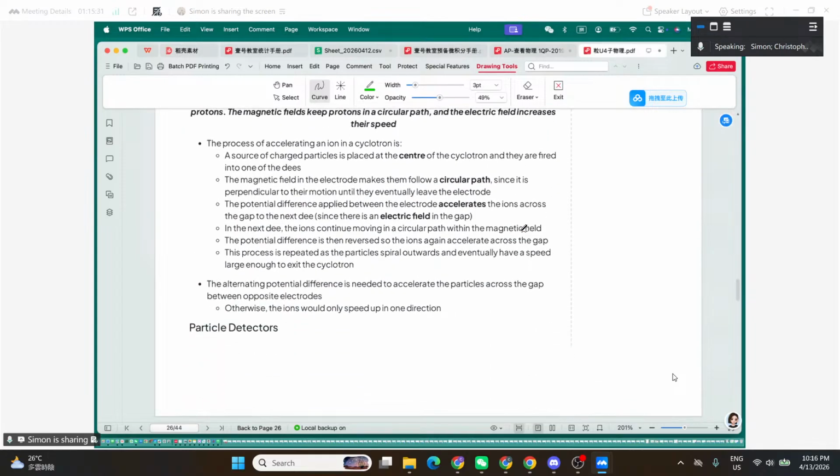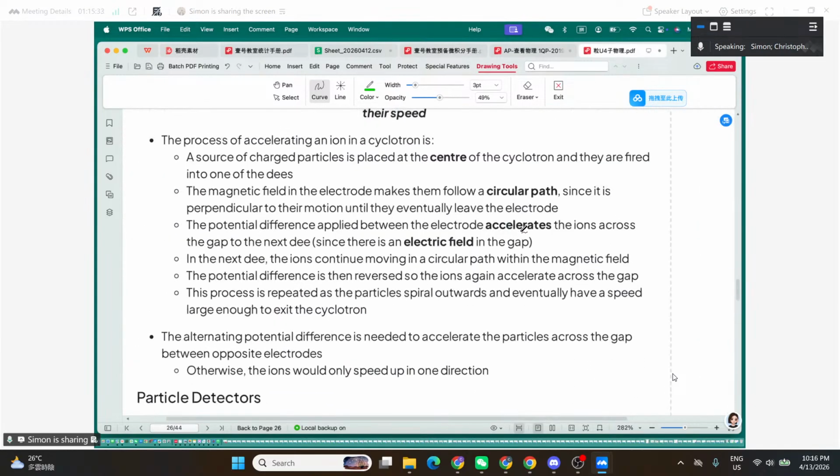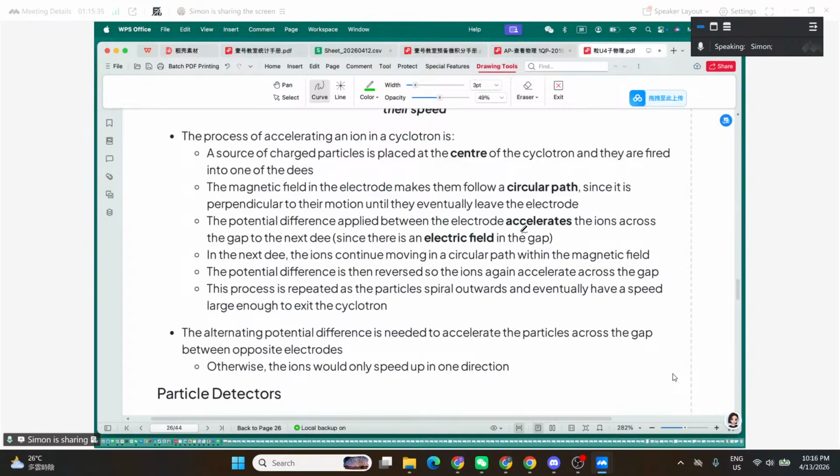And look at this one. Here's the detailed process of accelerating ions in a cyclotron. Here are the six points that we have to memorize. The first is the source of charged particles placed at the center.